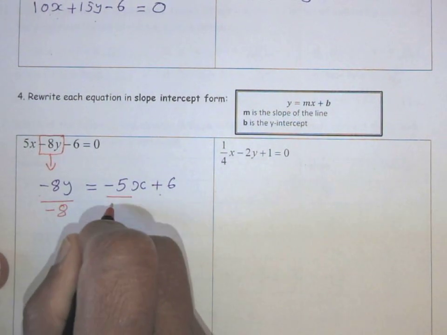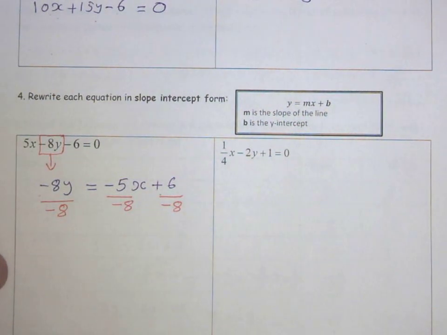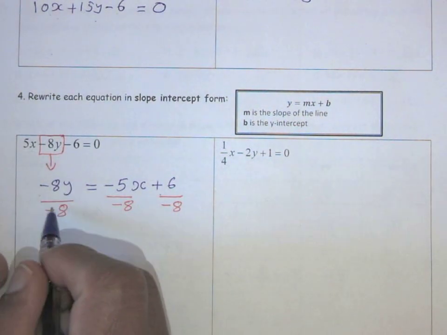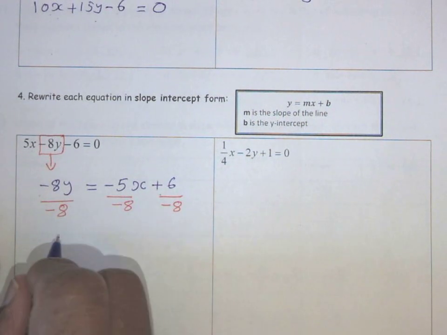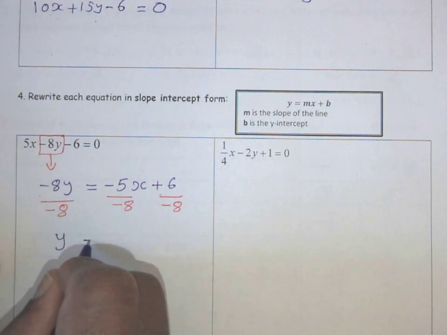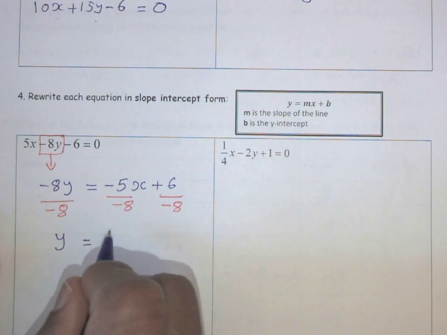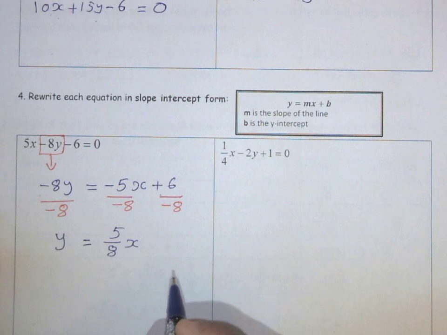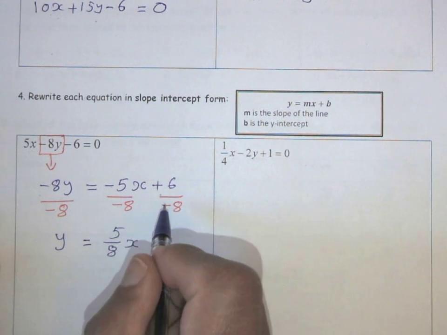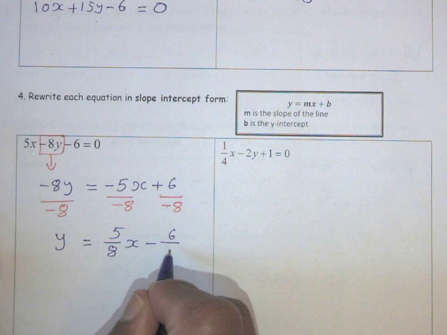On the left side, negative 8 over negative 8 is 1, so we get y equals, and negative over negative becomes positive, so 5 over 8x, and then positive over negative becomes negative, so 6 over 8.